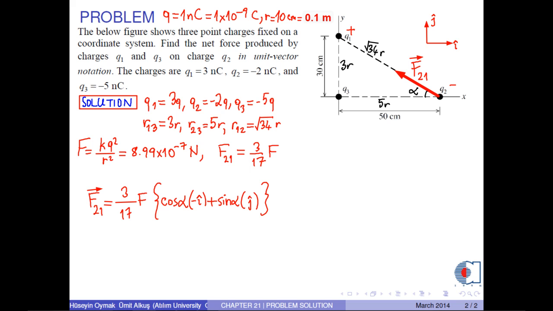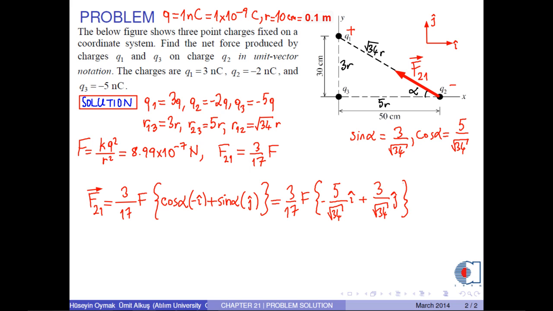From the figure, sine alpha is 3 over square root of 34. Cosine alpha is 5 over square root of 34. If we write these values, we get the direction as negative 5 over square root of 34 i hat plus 3 over square root of 34 j hat.